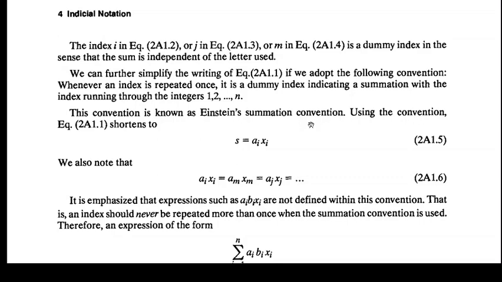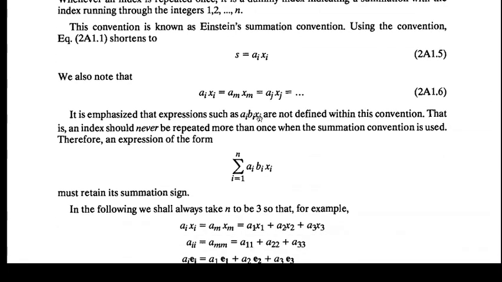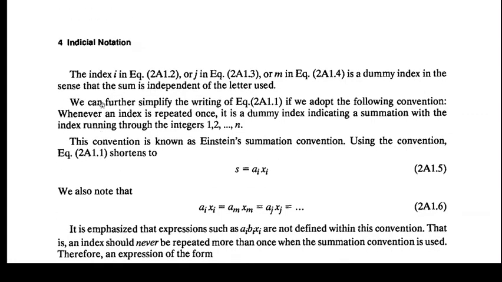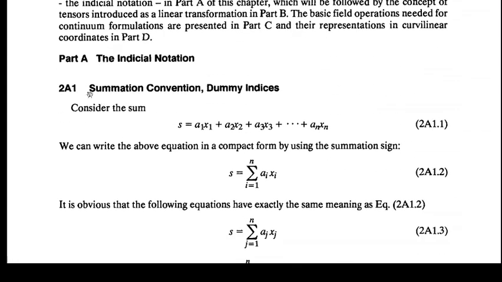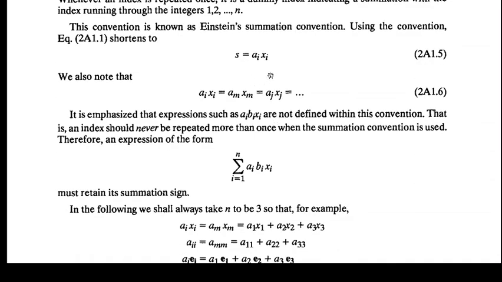Now, what does this Einstein summation convention say? It says that using this convention we can write this sum, which is given here, in this way. 2a.1.1 can be written as ai xi.